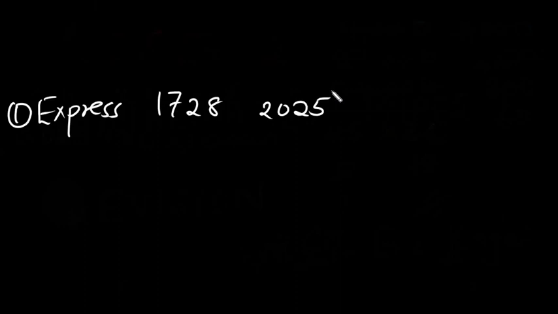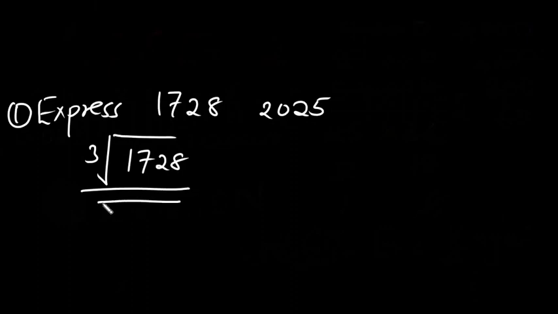And then after we have done that, we can now evaluate the cube root of 1728 divided by the square root of 2025. So let's start by expressing 1728 and 2025 in terms of their prime factors.